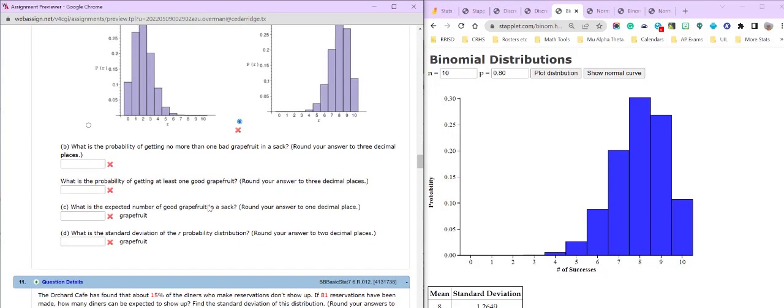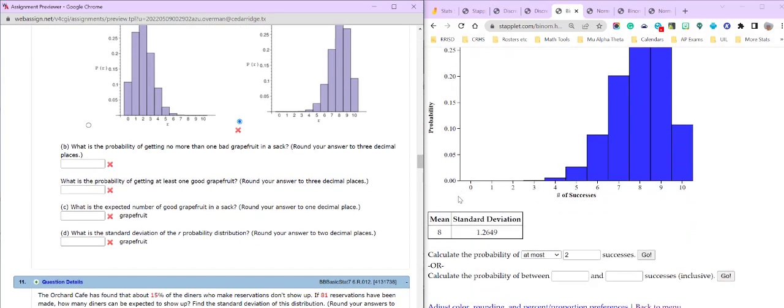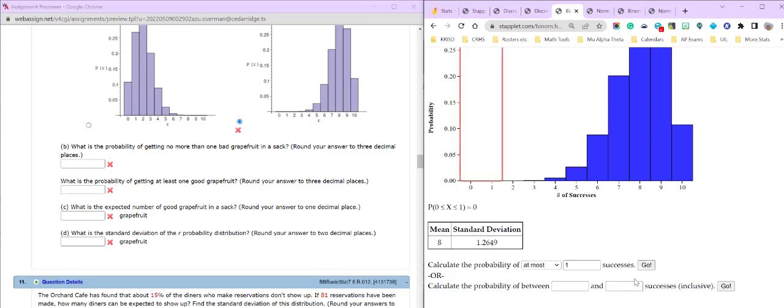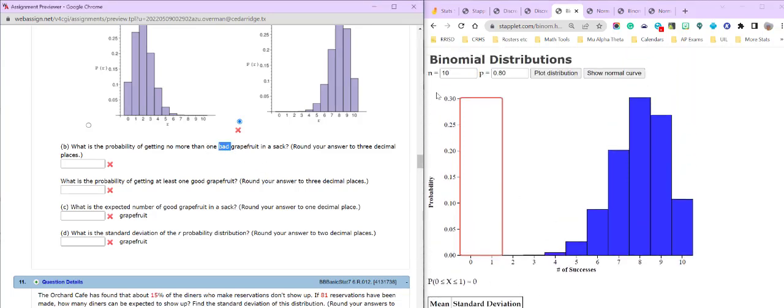All right. What is the probability of getting no more than 1 bad grapefruit? So at most 1, right? No more than 1 bad means 0 and 1. So you could do it this way, right? By the way, that's 0. Or you can go 0 and 1, go. Oh, these are good grapefruits. Bad grapefruit, bad grapefruit. Think, think, think.